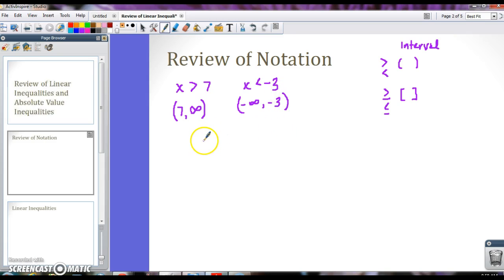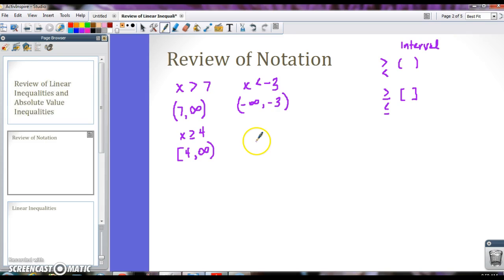Now, an important thing to note is whenever you are using interval notation next to the infinity symbol, you always use a parenthesis because you can never actually be equal to infinity. Okay, so for example, if I had x was greater than or equal to 4, then I would have a square bracket around the 4, but then I would have a parenthesis around the infinity.